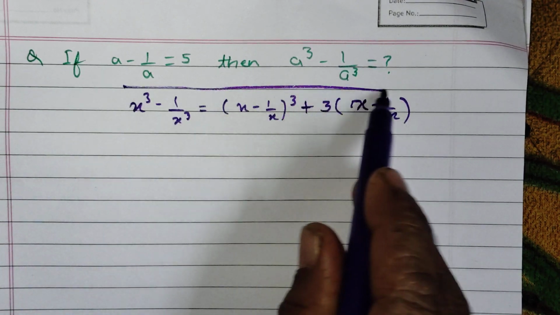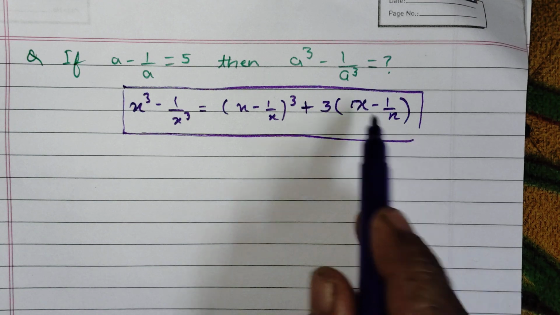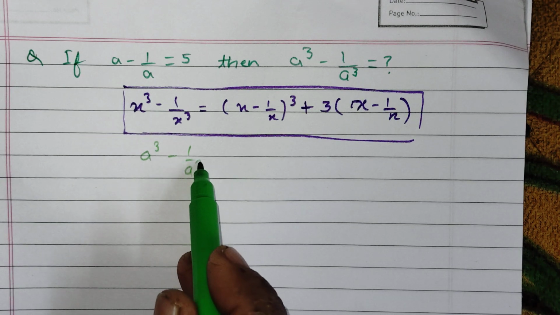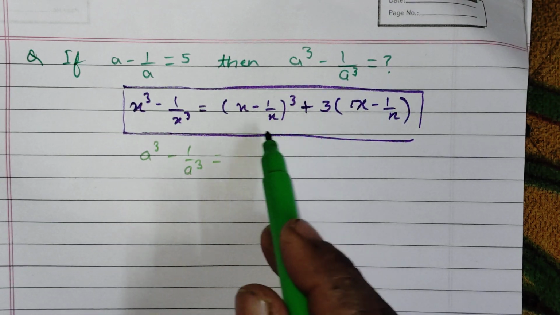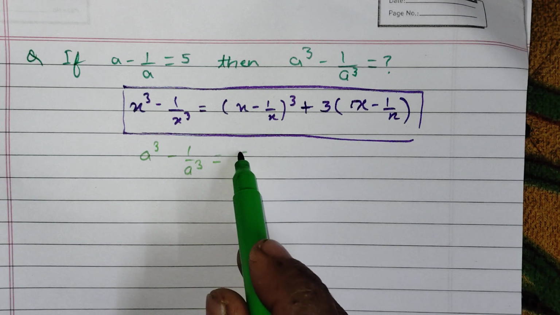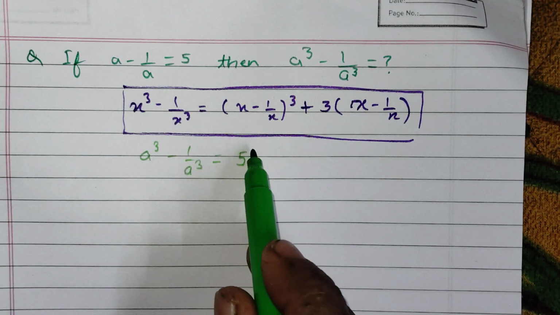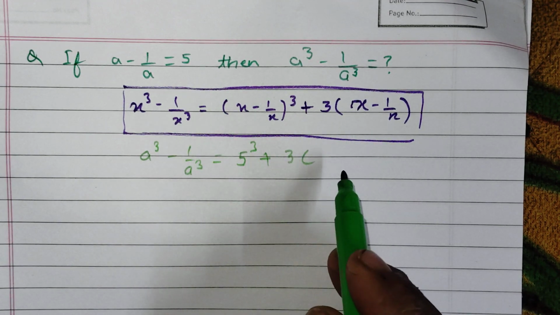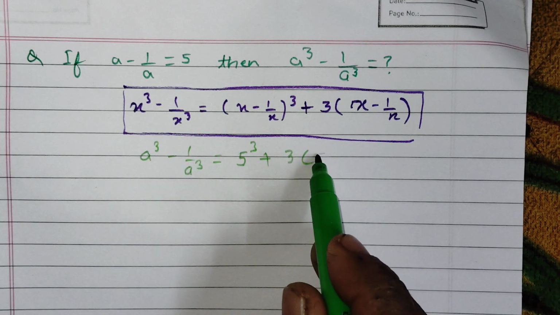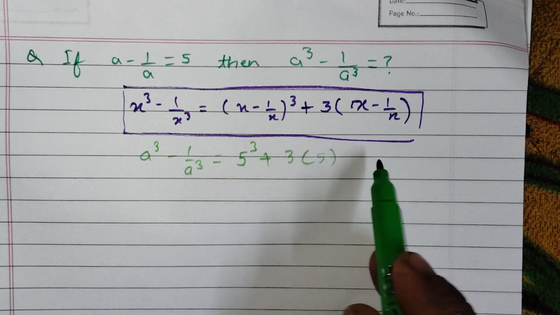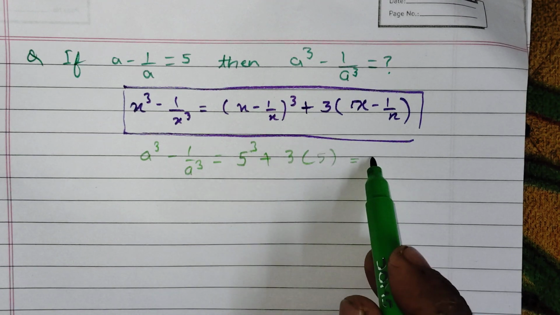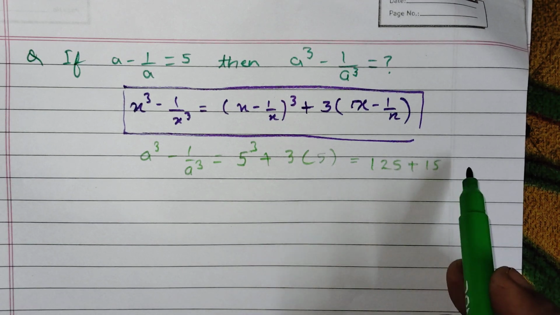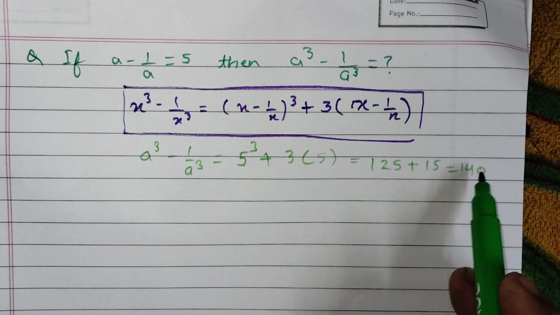So according to this identity, we can find a cube minus 1 upon a cube. a minus 1 upon a is given as 5. So 5 cube, there is plus 3 times x minus 1 upon x, that means a minus 1 upon a is 5. So we replace the value. Now 5 cube is 125, 3 times 5 is 15, 125 plus 15, 140 is the answer.